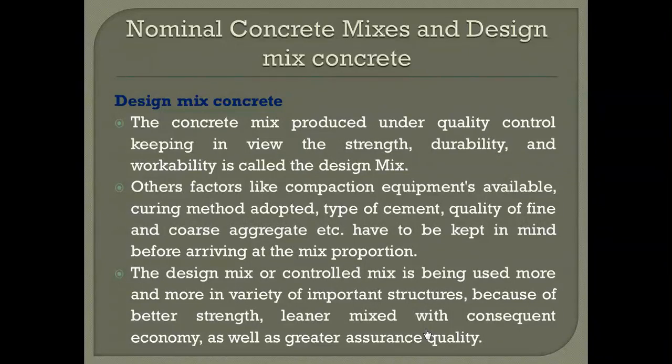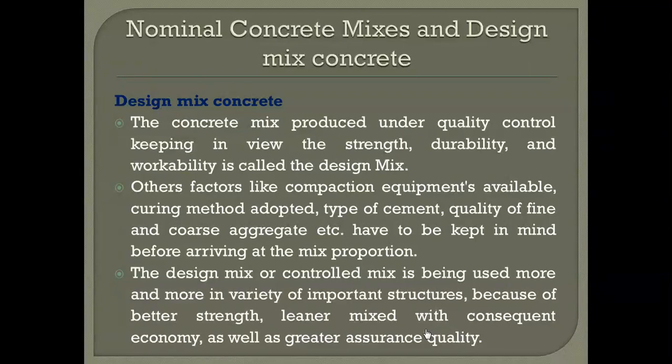In the design mix, before we do the mix design, we should know what kind of batching we are doing, what transporting methods we are adopting, what compaction equipment we are using at the site, what placing method we are adopting, and what curing method we are adopting.